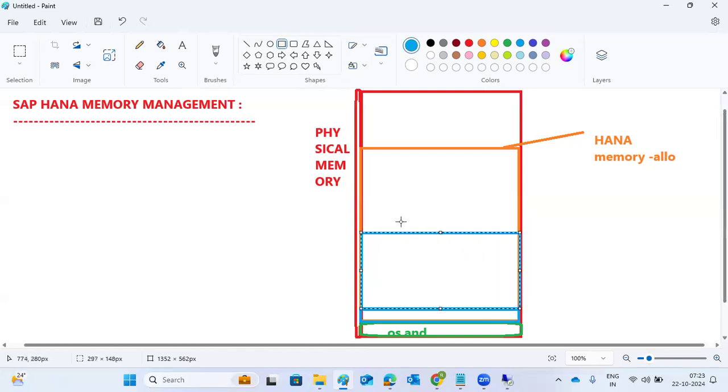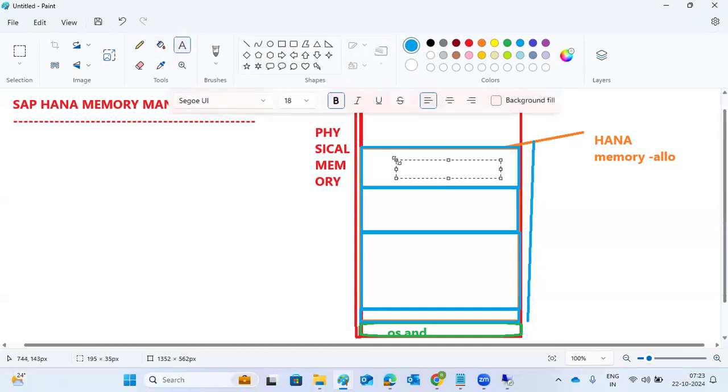Then there is some database management related data. Also HANA free memory is available. The entire top to bottom is the HANA allocated memory. Some free memory is there, which is called the free pool memory.